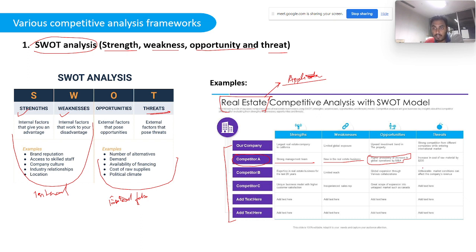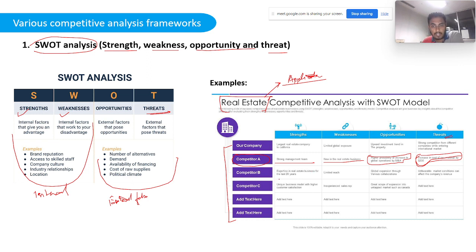Now threats can be a particular software, if they are using it to make their application, getting costly, or you may have information that from next year that software is going to be out of service, which can be a threat.